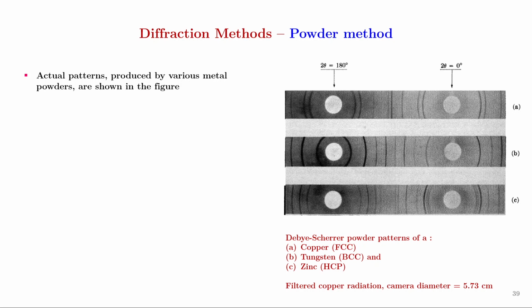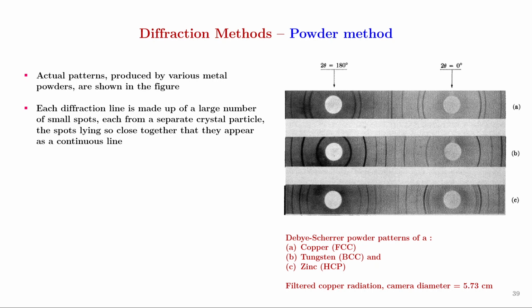Actual patterns produced by various metal powders are shown in the figure. The first figure is that of copper having FCC structure. The second one is that of tungsten having BCC structure, and the third one is that of zinc having HCP structure.